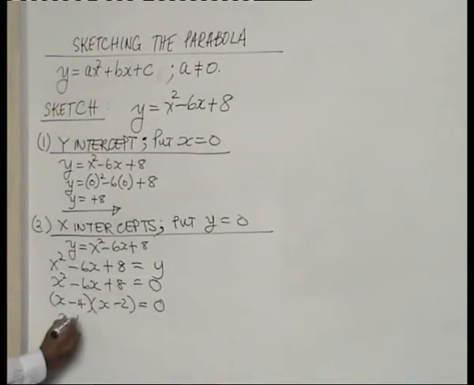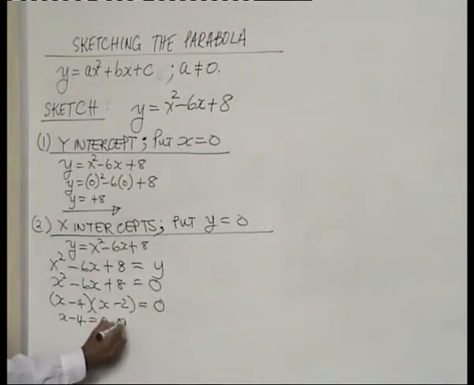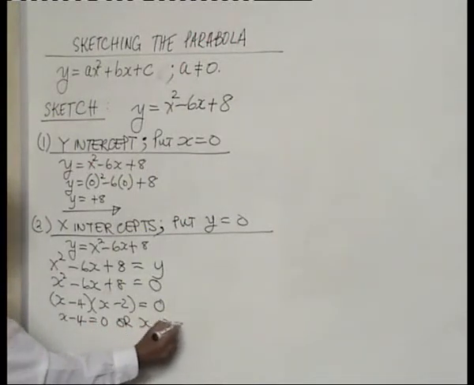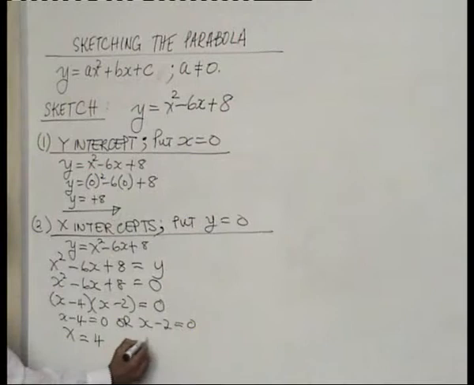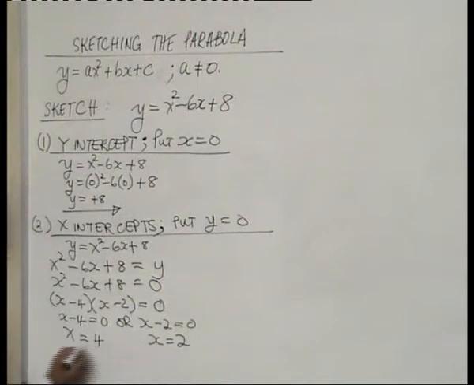Then x minus 4 is equal to 0, or x minus 2 is equal to 0. So x is equal to 4, you are solving a linear equation here. Minus 4, you're transposing it, it's becoming plus 4. You're solving for x, so this becomes 2. So now you have two x-intercepts. And the x-intercepts are 4 and 2. Alright, now we're going to go on to step 3 to find the axis of symmetry.